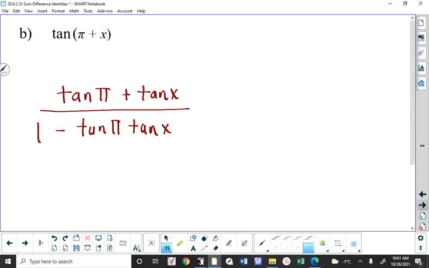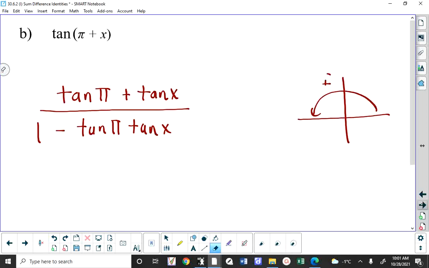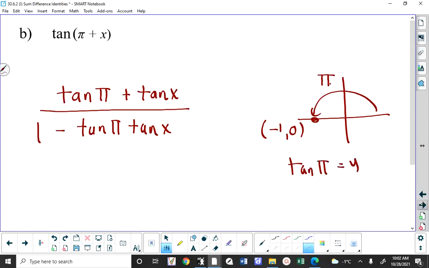Tangent of pi is 0. The reason is that at pi radians, the ordered pair for the point of intersection is negative 1, 0. Tangent is y over x, which is 0 over negative 1, which is 0.